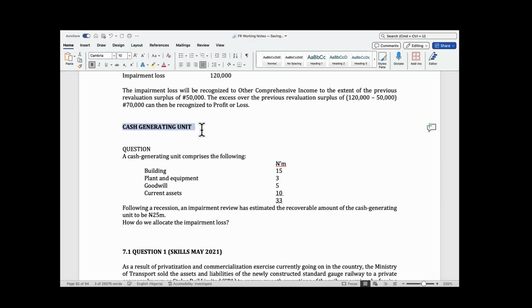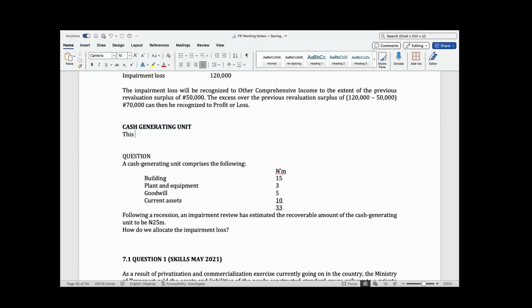This helps us link the theories of calculating impairment loss as explained above to reality, because we have been saying that when the carrying amount of an asset is higher than its recoverable amount, then the asset has been impaired, and recoverable amount is the higher between value in use and fair value.